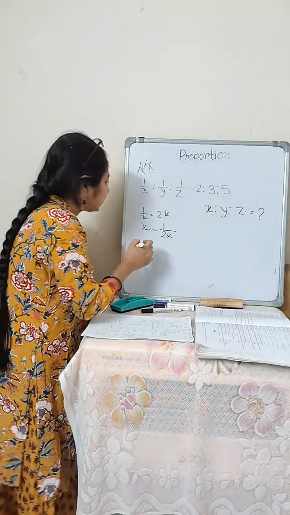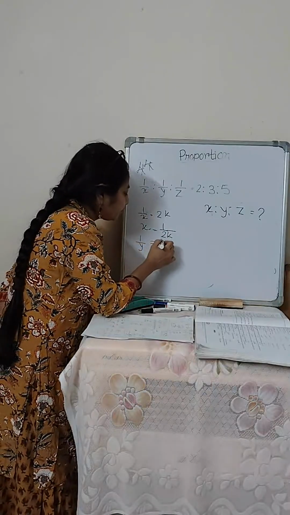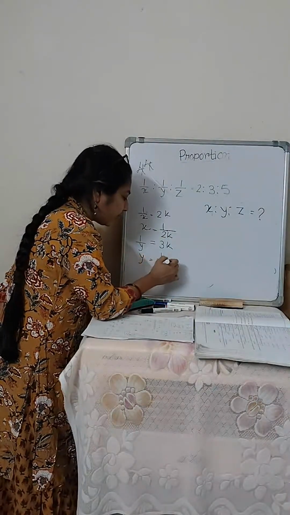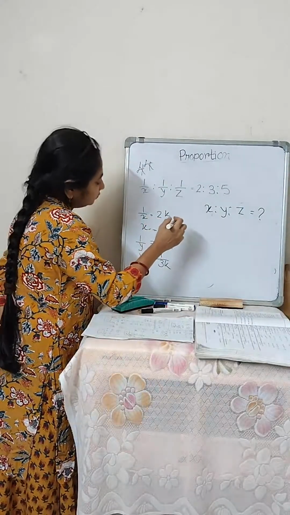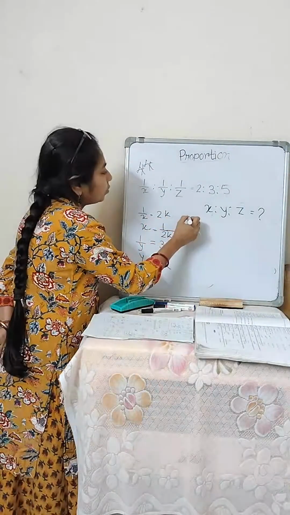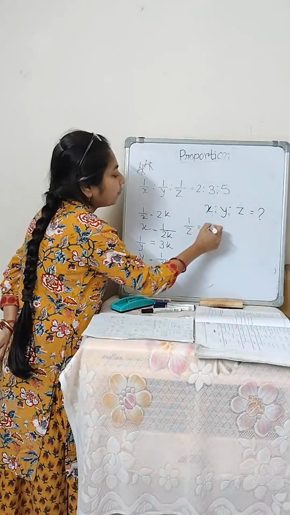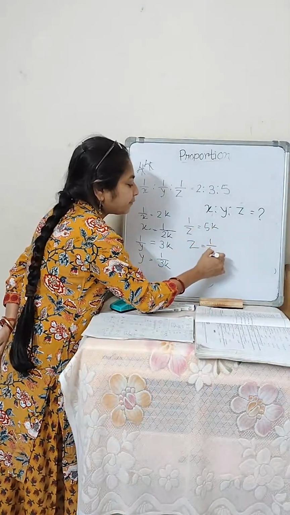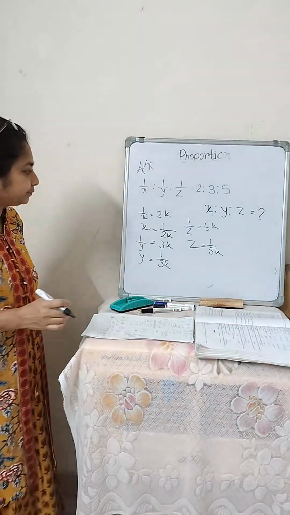And find out the next one. 1 by y is equal to 3k, so y is equal to 1 by 3k. 1 by z is equal to 5k, z is equal to 1 by 5k. Clear up to this one?